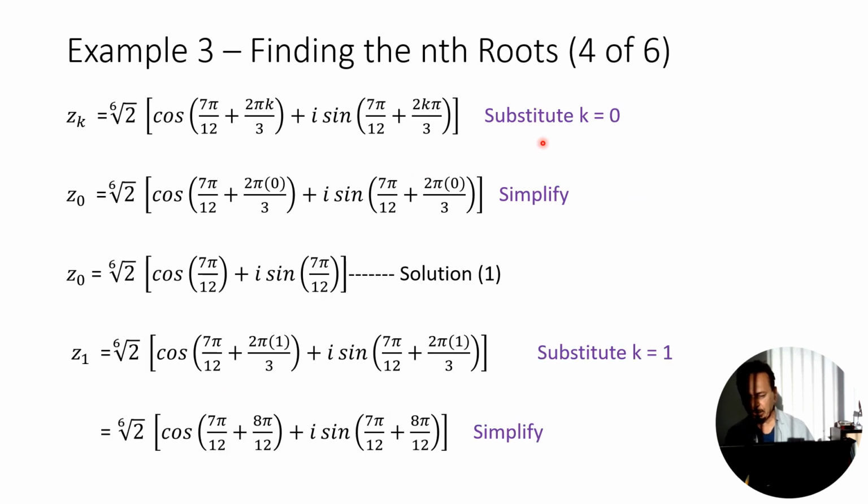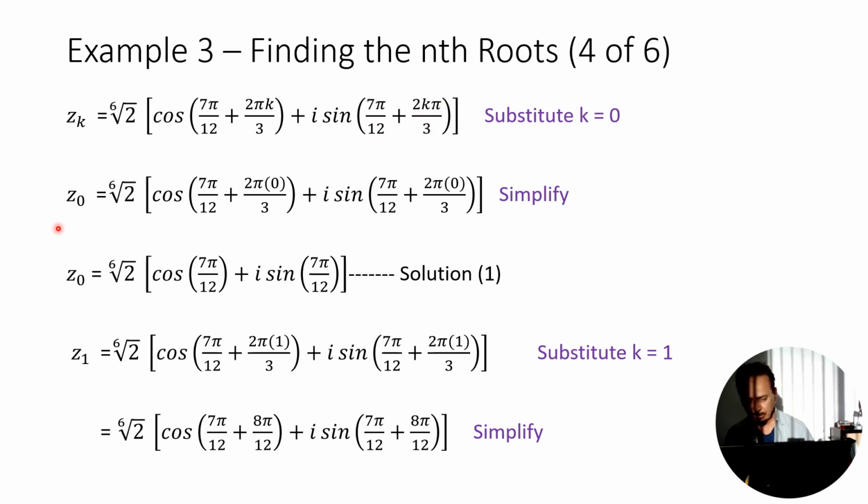Now we substitute k equal to 0 in z sub k, the sixth root of 2 times cosine of 7 pi over 12 plus 2k pi over 3, plus i times sine of 7 pi over 12 plus 2k pi over 3.